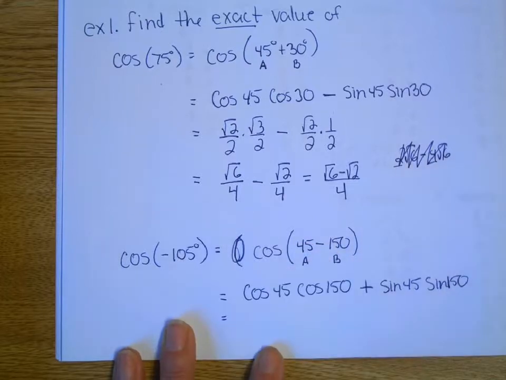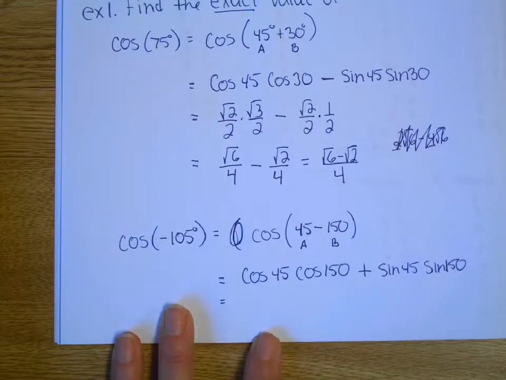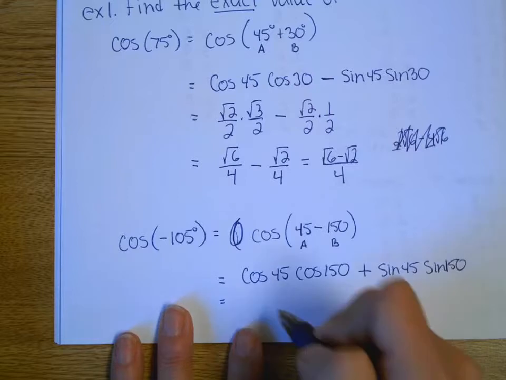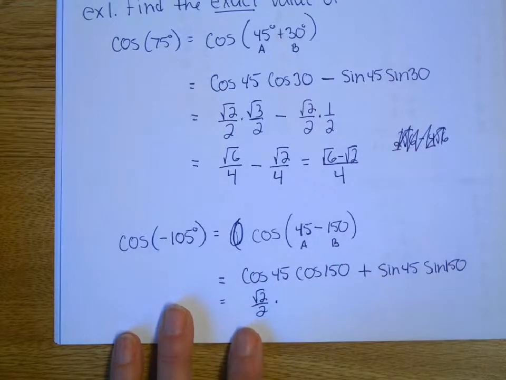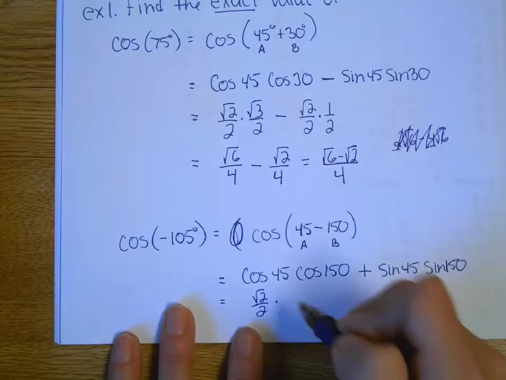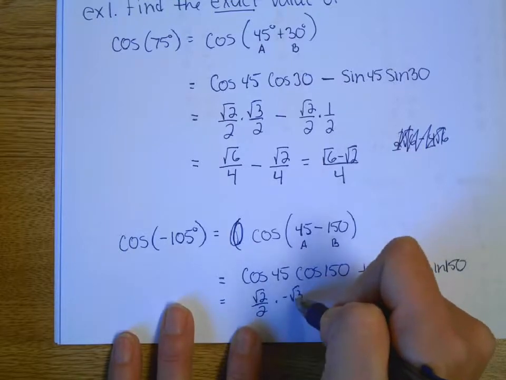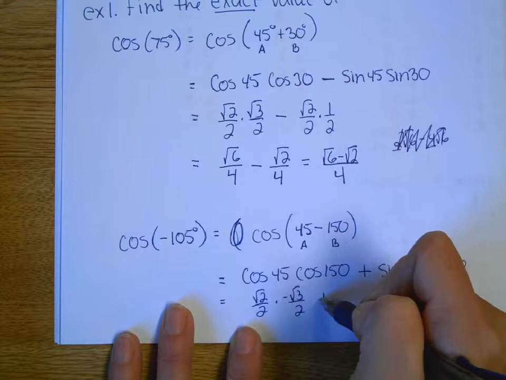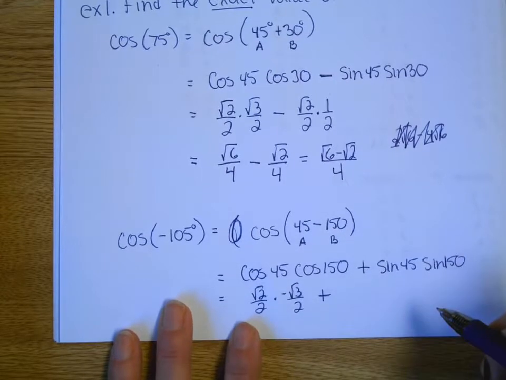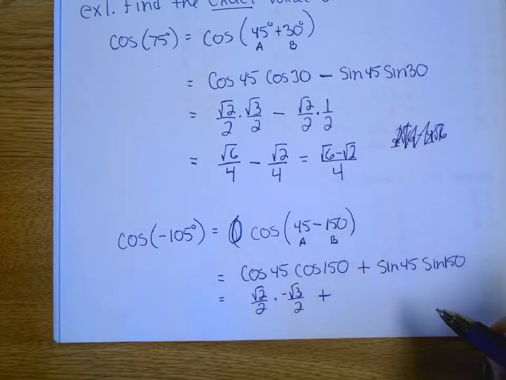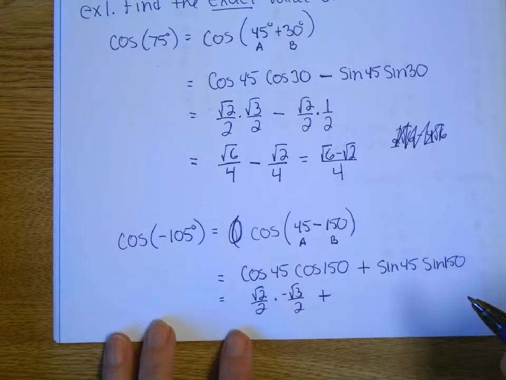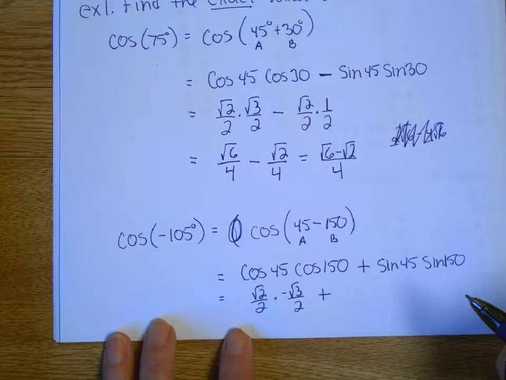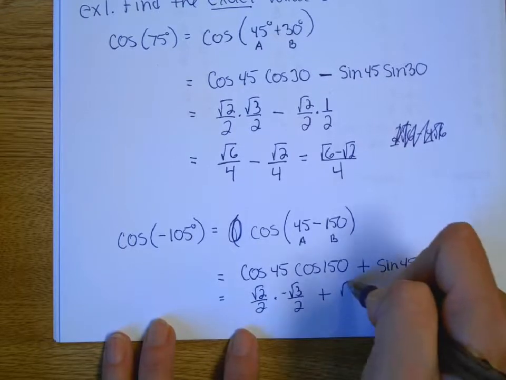And now you just look up those four values and you do the simple math. The cosine of 45 is square root of 2 over 2. What's the cosine of 150? Negative square root of 3 over 2. Then we got a plus. The cosine of 150? You sure? Yeah, it is negative. Oh, it is. Never mind.